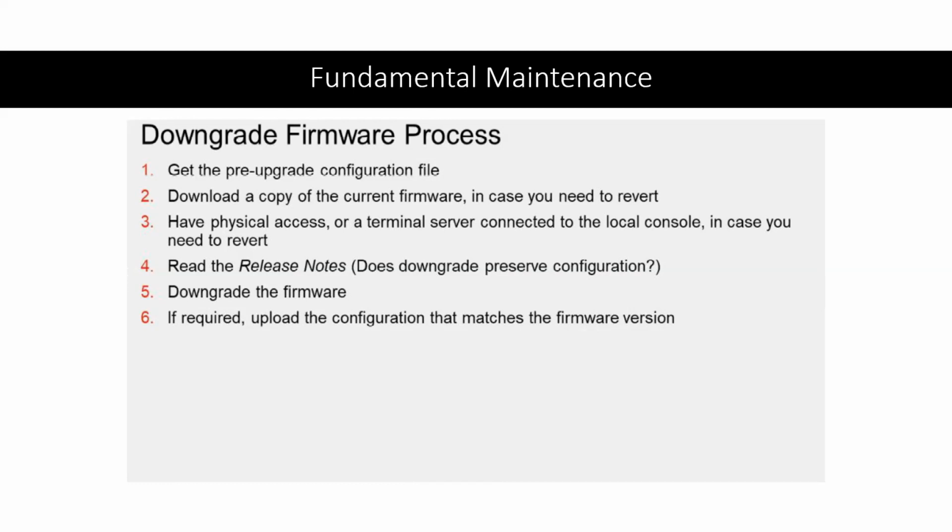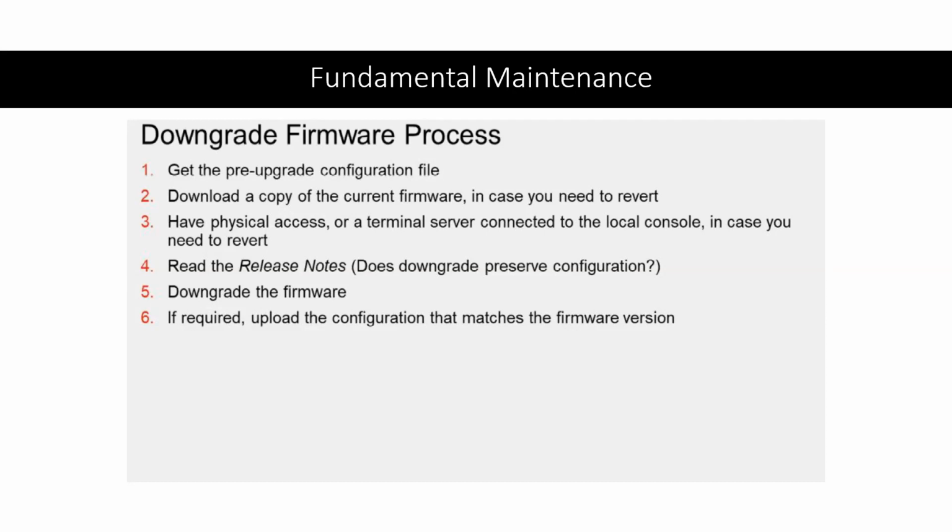Everything is not static. Things can change. There may be a reason where it affects your environment, your customer's environment, and the code just doesn't work as expected. The upgrade isn't as successful as we thought. And so you may need to go ahead and downgrade.